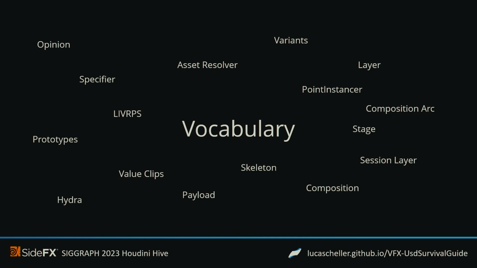Would we recommend you learn the terminology? Yes, on the developer side, definitely do. On the artist side, you can try to obscure it and keep it away. Again, the guide tries to avoid it where possible or use more VFX industry terms.